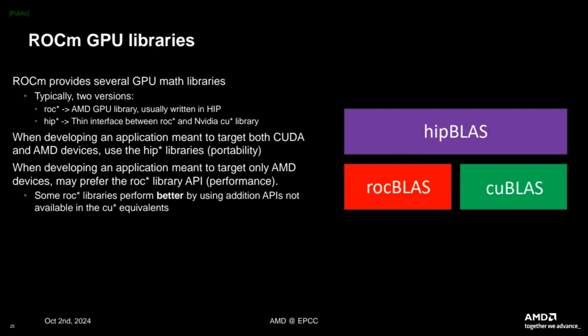If you are interested in portability, so you know that you will run your code on different hardware, then you should be using HIP library calls. However, if you know that you are going to prioritize almost exclusively AMD GPUs, then you should use ROC library calls, because they have some optimizations that are specific for AMD hardware.